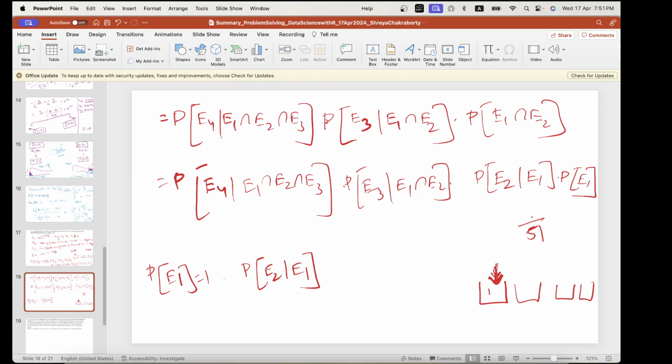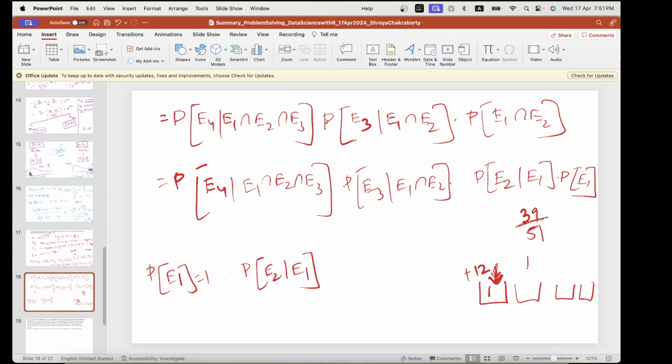The remaining. Yes, given that we already have this one plus 12 there, we have 39 other choices to fill out of these 51. Okay, so E2 given E1 will be 39 by 51.